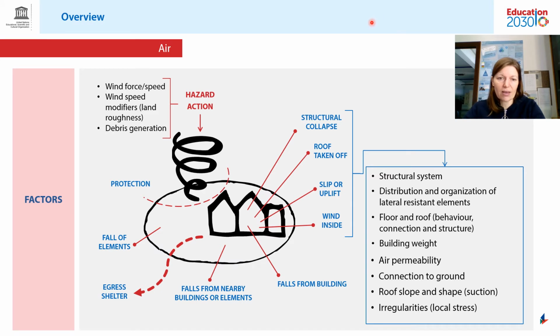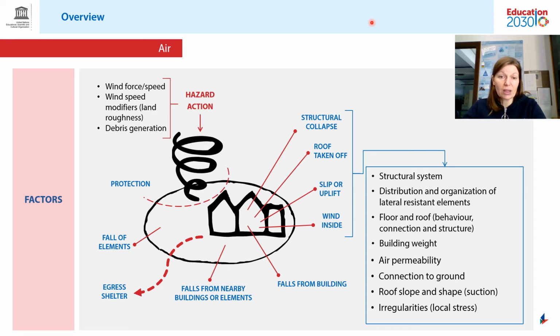In these slides, I summarize all the elements that are required in order to characterize the air hazard and the impact scenarios I previously explained, that were the main scenarios identified by the experts.